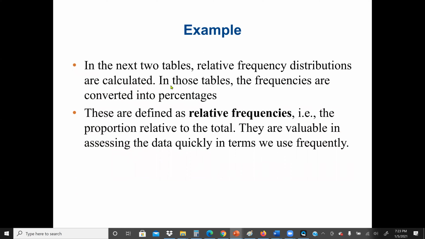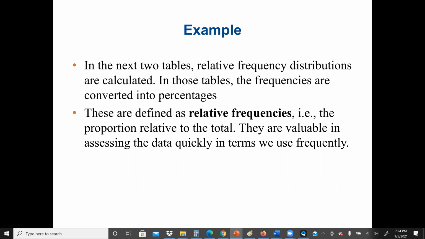So in the next two tables, relative frequency distributions are calculated. Frequency is how many total tallies in each class. Relative frequency means the proportion of each class related to the total number we have. So it's like finding the percentage of the whole data set.